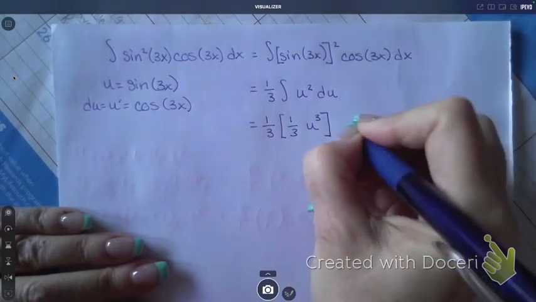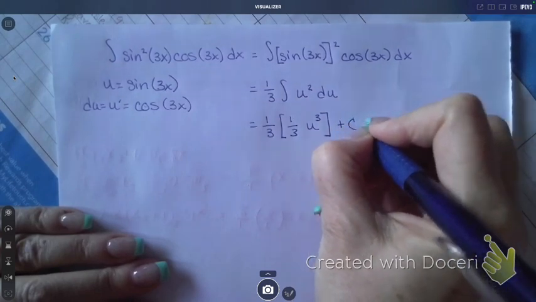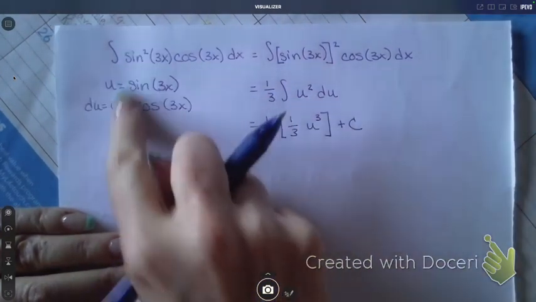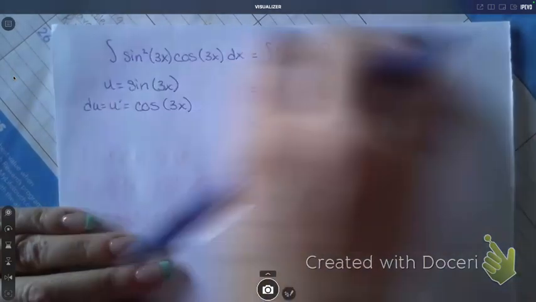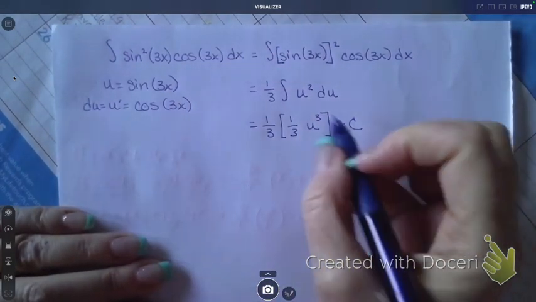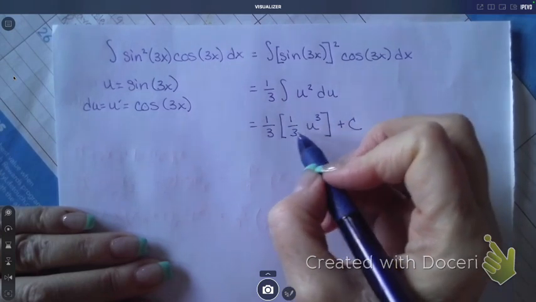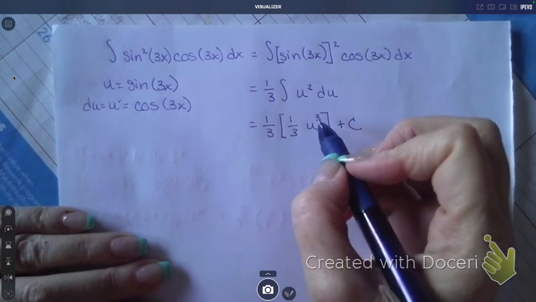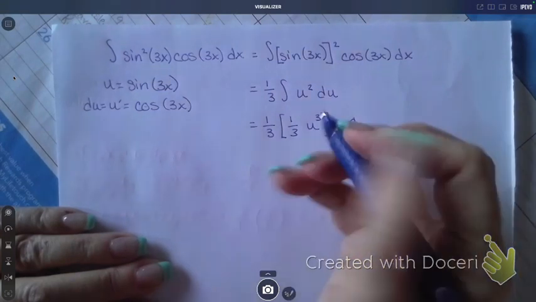I'm confusing myself now. Once we've replaced this, don't think about those yet. You all know where 1/3 u cubed comes from, yes? Okay. So now we've got 1/9.